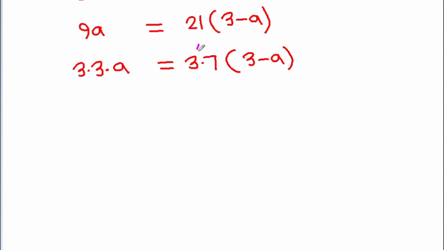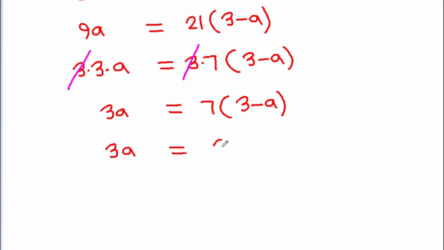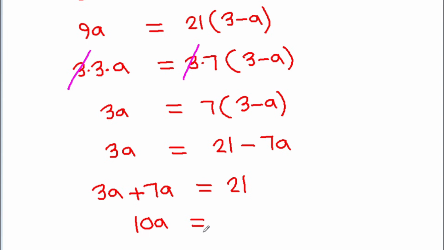And 3 will get cancelled. So 3A is 7 times 3 minus A, and 3A is 21 minus 7A. So 3A plus 7A will be 21, and 10A is 21.